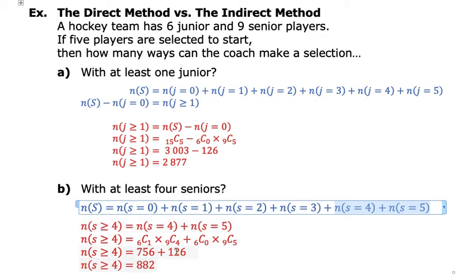So we calculate that by saying from the juniors there's 1, and then from the seniors, which is 9, there's 4 being selected. A total of 5 is selected, 4 of which are coming from the seniors. Plus, because this is the next case of selecting 5 seniors, that would involve 0 juniors. And out of the 9 seniors, we're selecting 5. So we calculate and add, and that's how we approach this problem using the direct method.